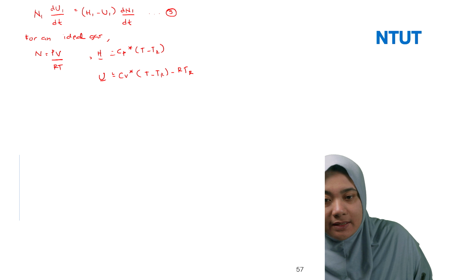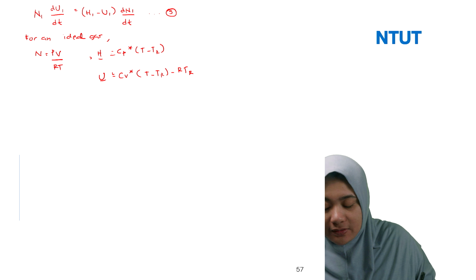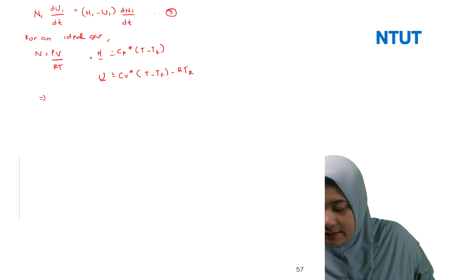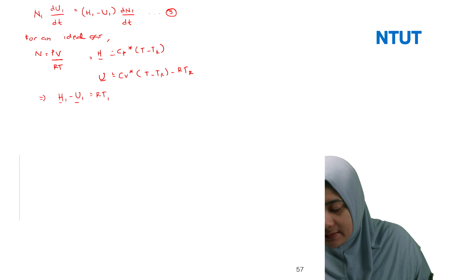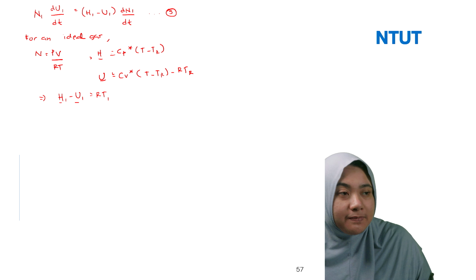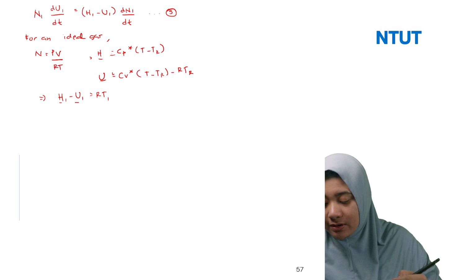Then we can combine these in equation 9, because here N1 is equal to PV divided by RT. So we can simplify that H1 minus U1 equals RT1. H equals U plus PV, and PV for an ideal gas equals RT.